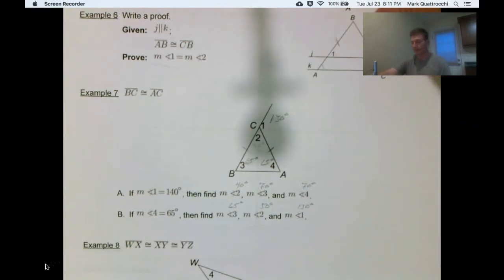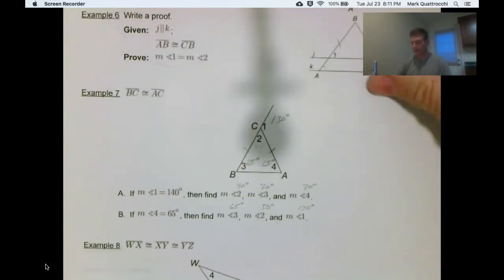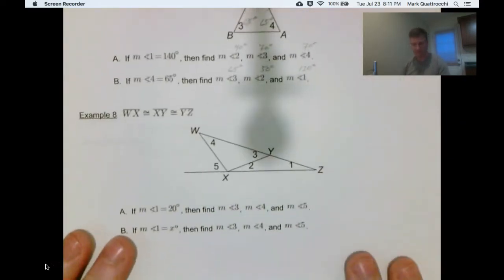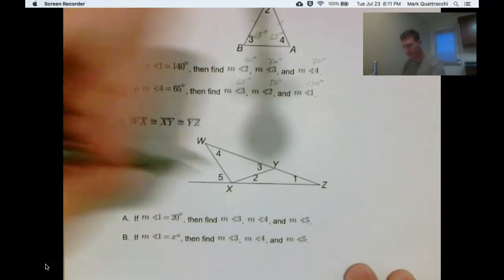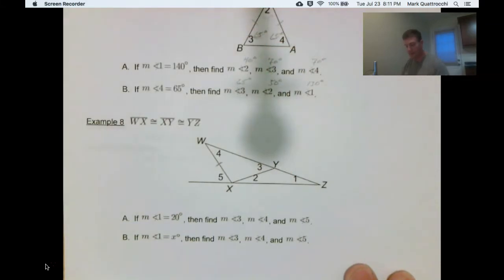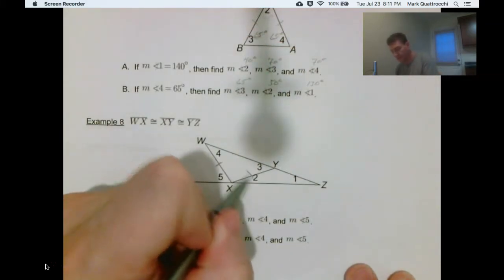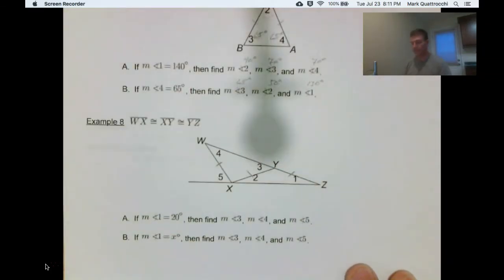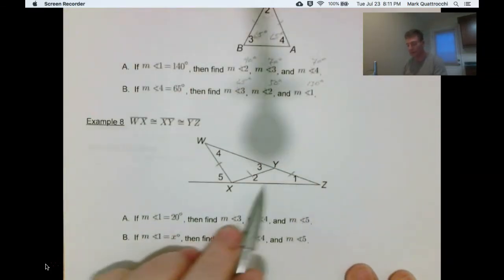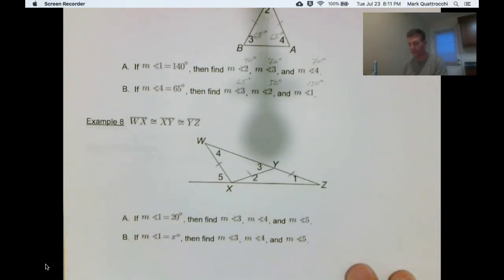There's example 7. Example 8. WX is congruent to XY, which is congruent to YZ. That makes 1 congruent to 2, 3 congruent to 4.